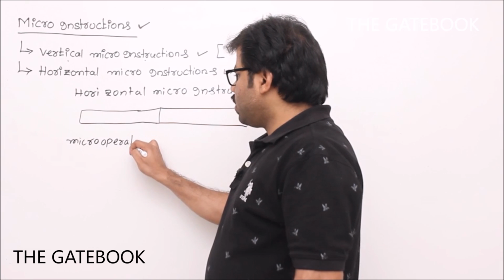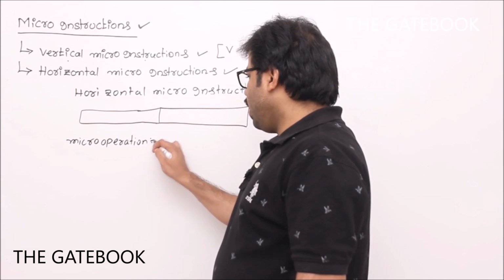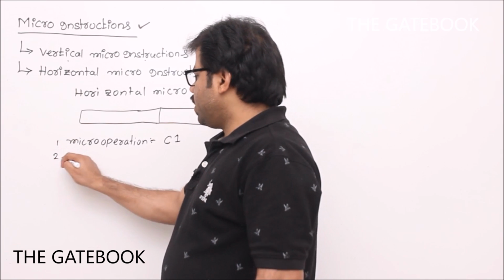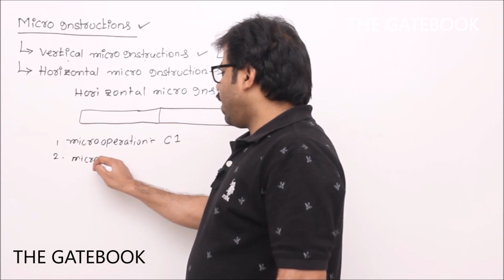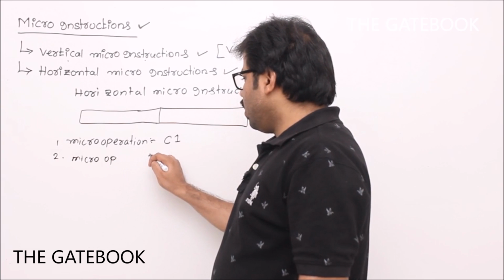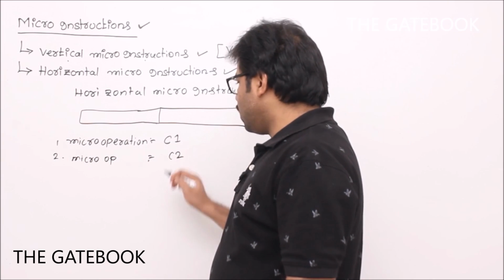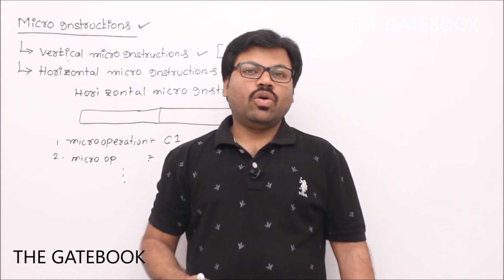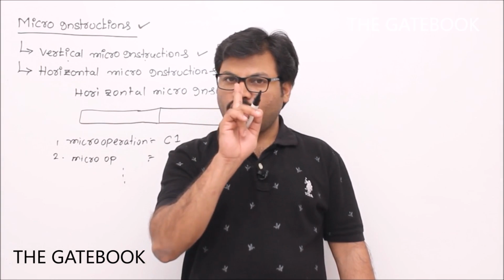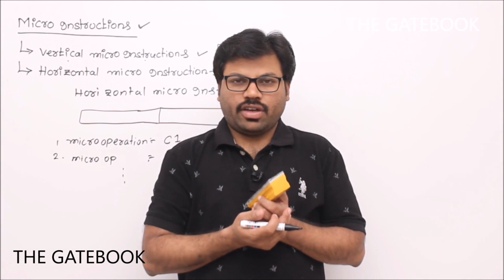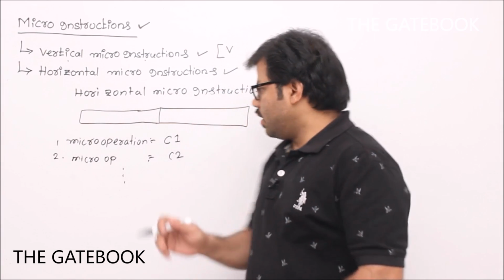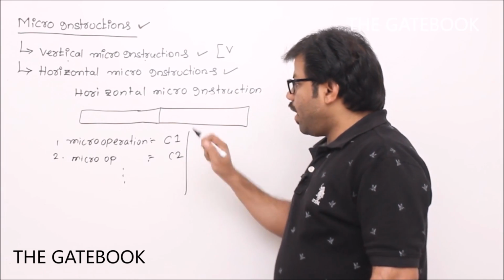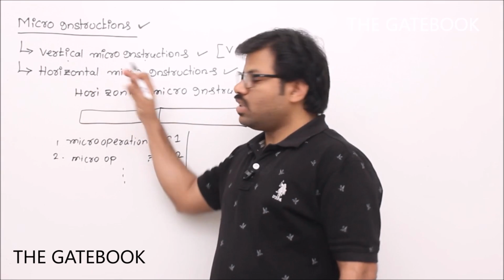In one micro operation, you have to assert only signal C1. In a second micro operation, you require only asserting signal C2, and so on. So each micro instruction requires generating exactly one signal, either C1 or C2 or C3, and so on. Then how many different patterns are required? Still we use the horizontal model first.